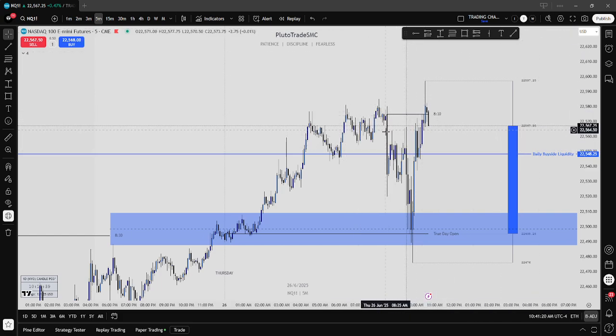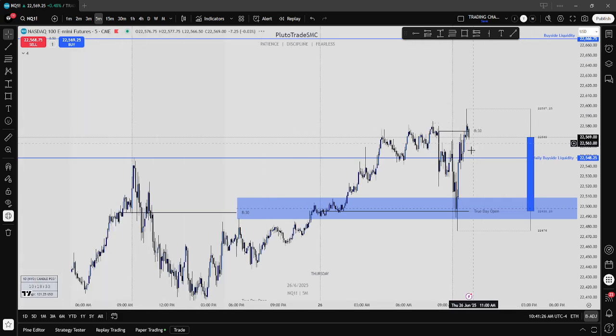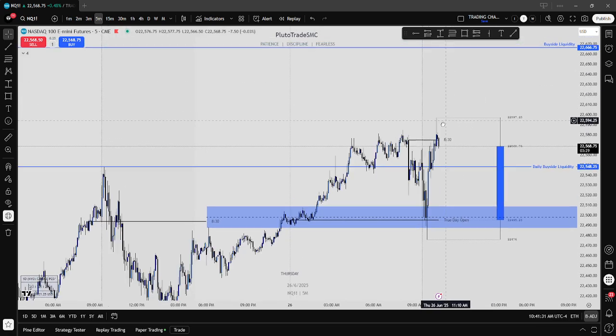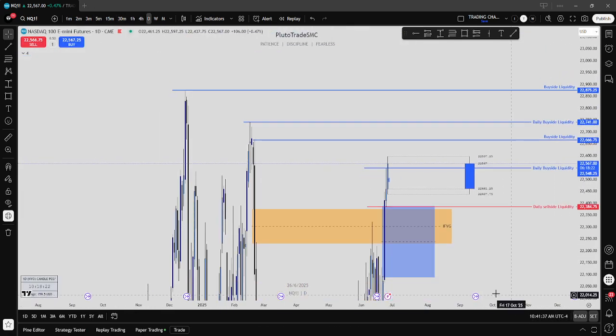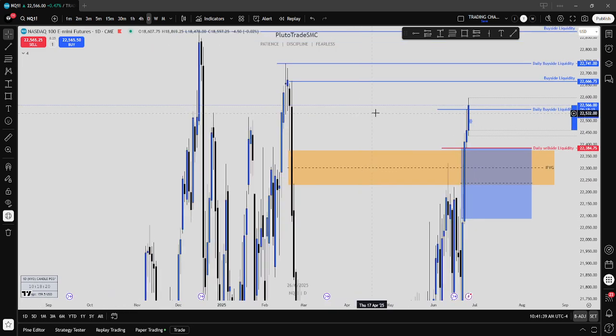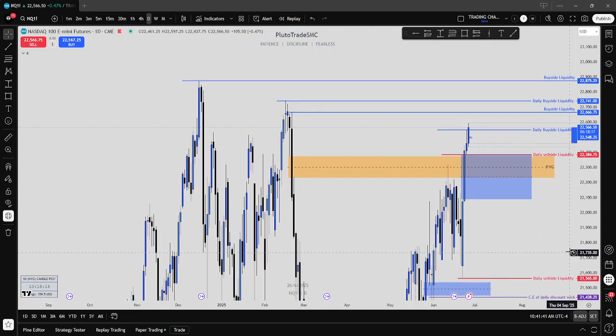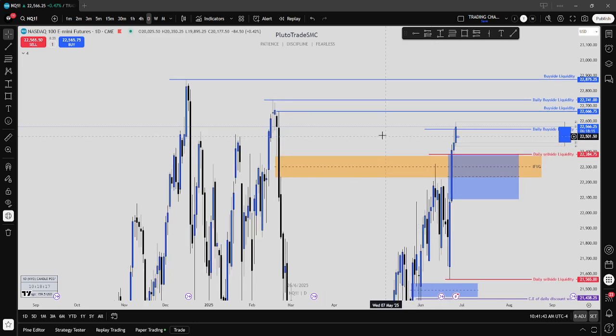It's probably using this inversion as support to gravitate higher, but I'm not gonna stay for the party, because you don't know when it wants to just dump. The only next strong liquidity will be here. But at the same time, look at this.